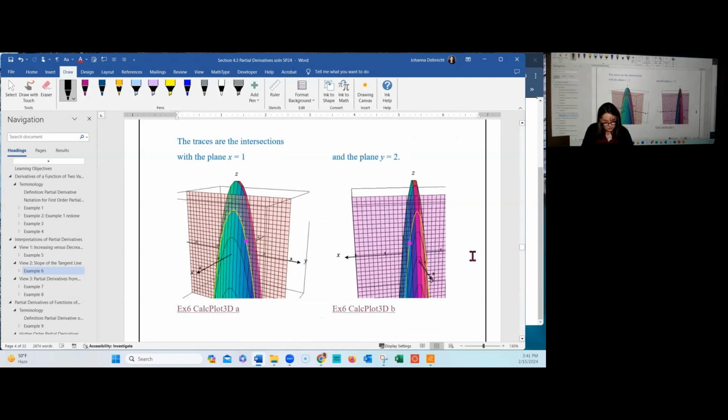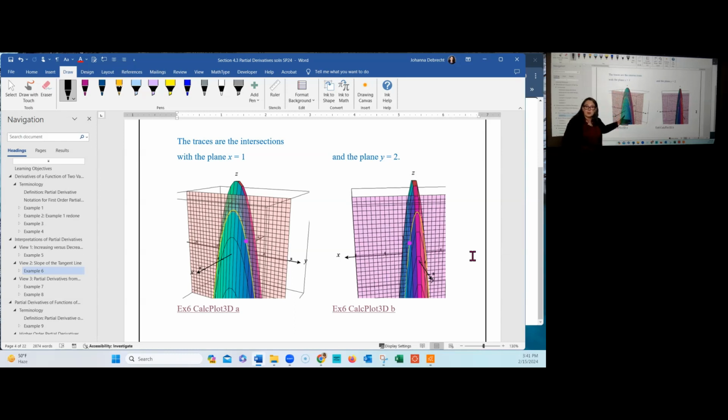Yes, 1, 2, 2. So if I'm taking the partial with respect to y, I hold x constant in the plane x equal 1. So I'm looking for where the ellipsoid, or rather the paraboloid, is going to intersect with the plane x equal 1.